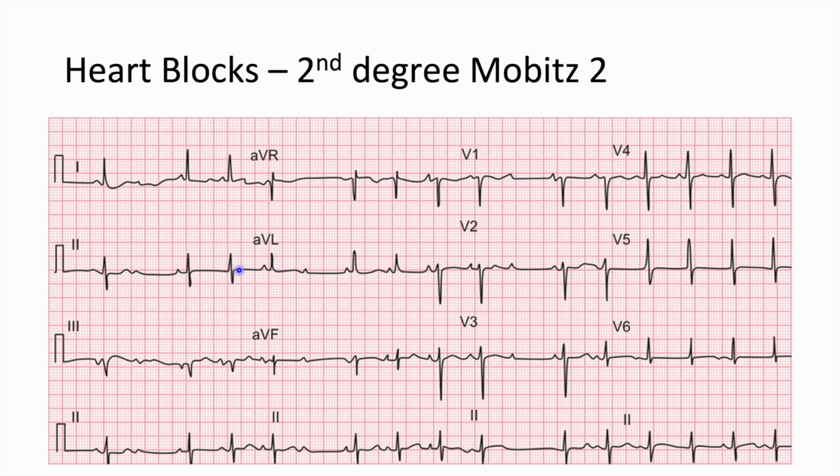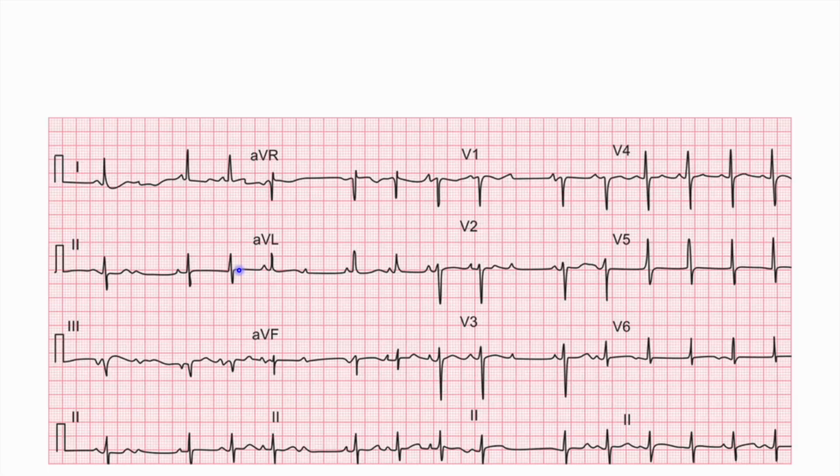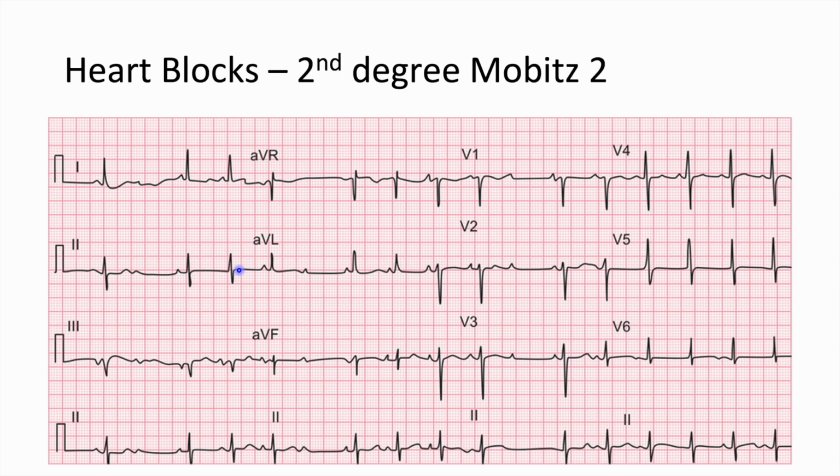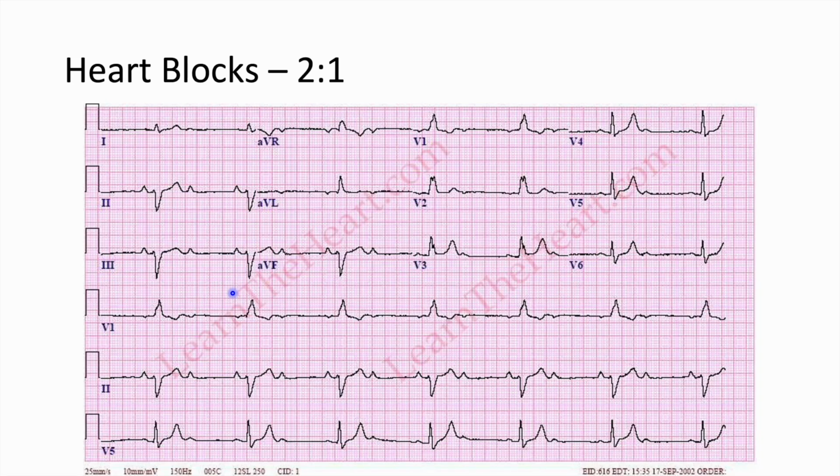You could say, well, that's definitely second degree, but I don't know if that's Mobitz type 1 or Mobitz type 2, because you can't tell if the PR interval is prolonging because there's only one beat in between. So that's what this is an example of. You have P, QRS, P, drop, P, QRS, P, drop. And so you don't know if this is Mobitz type 1 or Mobitz type 2. This is just a second degree heart block, 2-to-1 fixed intervals.